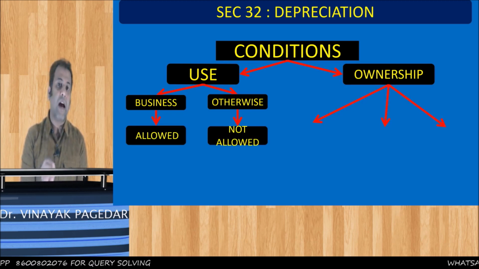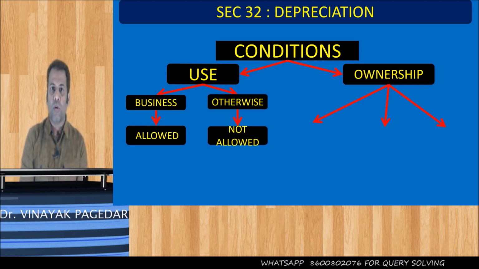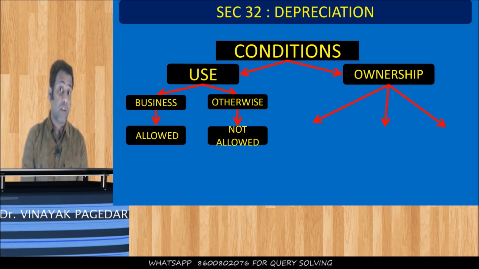The personal house property in which I stay, my self-occupied property, can I get depreciation on that under Section 32? The answer is no, because it is not used for the purpose of the business. Then you will say, what about a let out property?